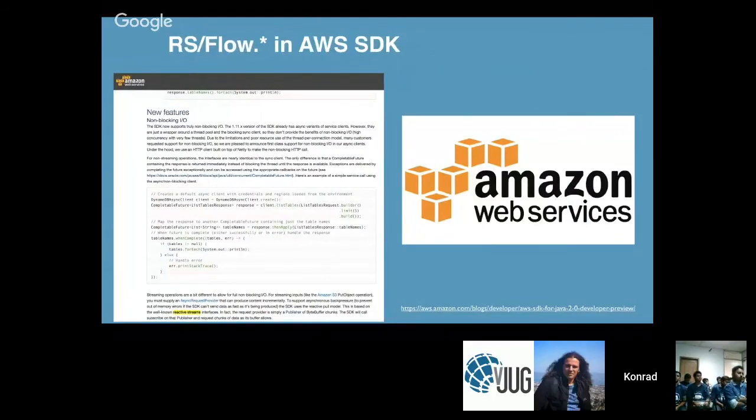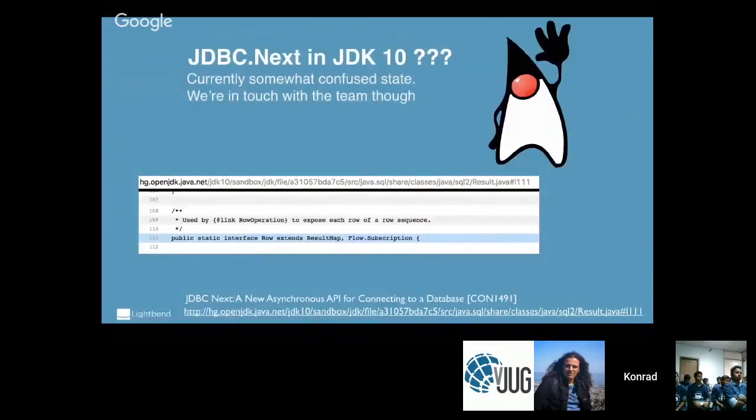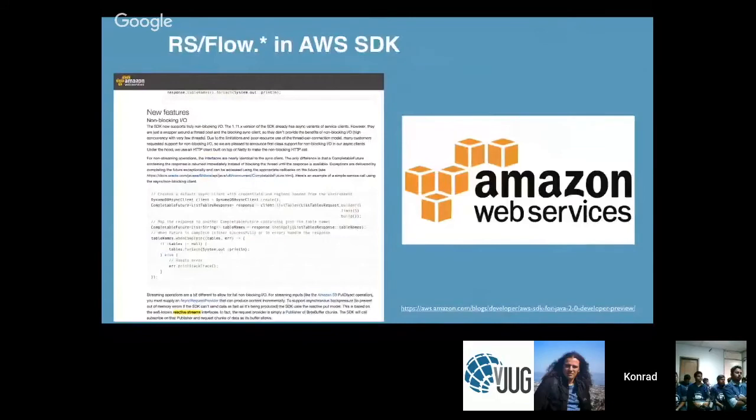The Amazon Web Services SDK announced that all of their streaming stuff in the upcoming version of the SDK will be implemented using Reactive Streams. They'll also migrate to the JDK Flow interfaces later. There will have to be a transitional period, because to be able to use java.util.concurrent.Flow, you have to be on JDK 9. But we don't want to require people to use JDK 9 if they want to benefit from this ecosystem.